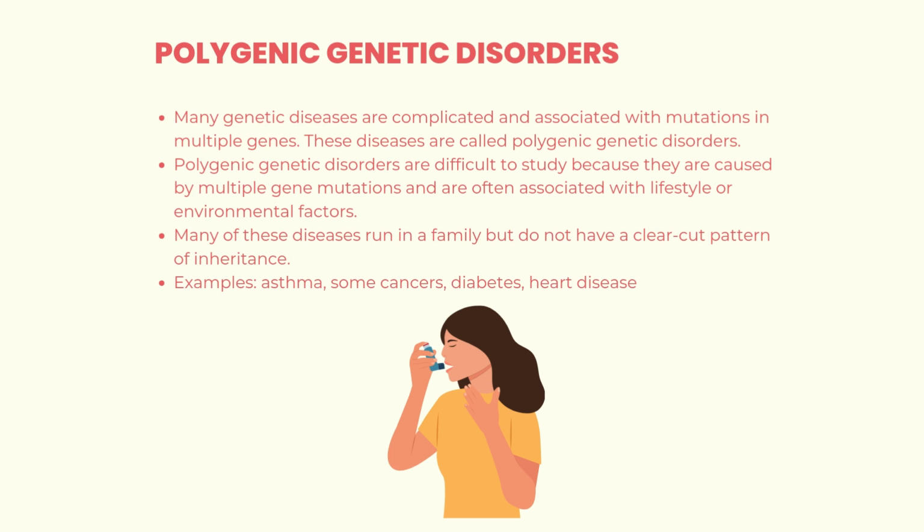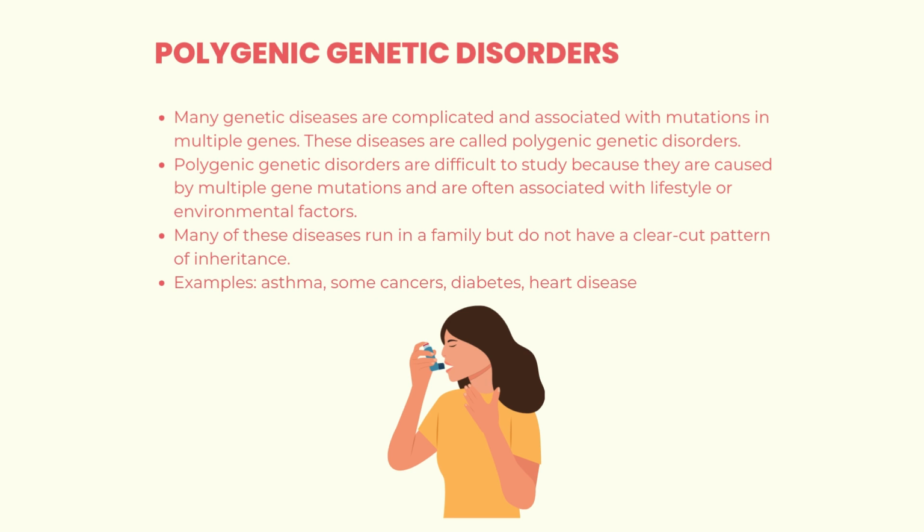Not all genetic diseases are so easily mapped to coming from one specific thing. When you look at polygenic genetic disorders, this occurs because some disorders are not caused by a mutation in a single gene. Instead, they result from the combined effect of multiple genes and environmental factors. So we call these polygenic or multifactorial disorders.